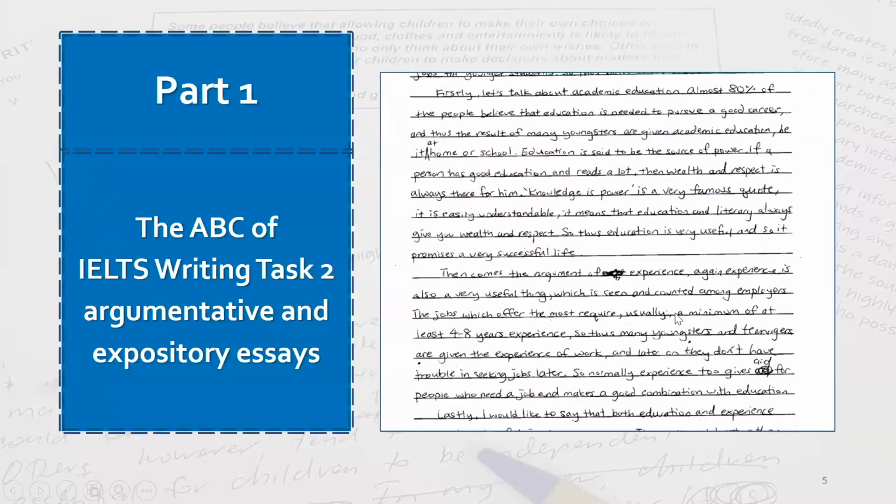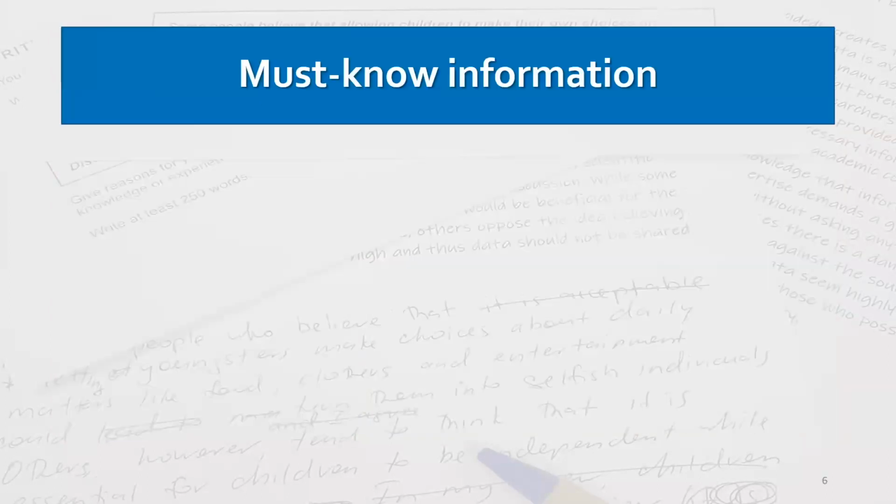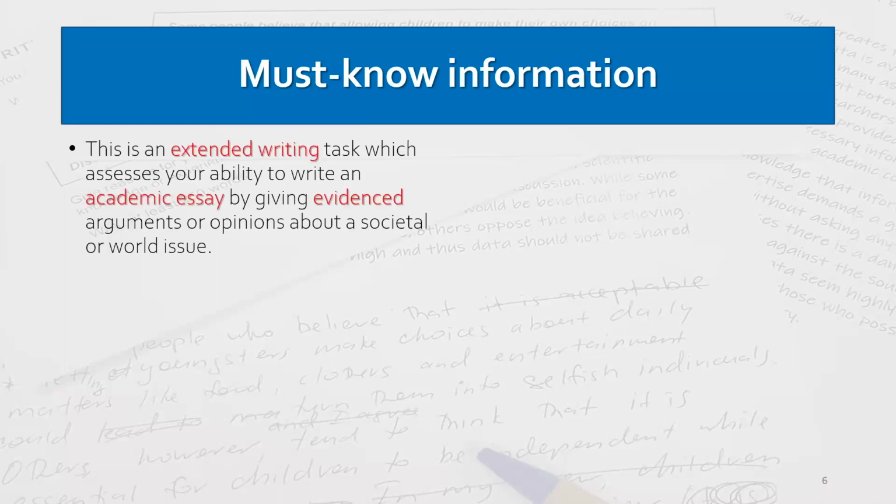So let me begin by giving you some background information about IELTS writing with a particular focus on Task 2. Last time I said Task 1 is an information report, right? So Task 2 is a bit different, but I'm sure that you will be more familiar with what you need to do, because IELTS Writing Task 2 is basically an extended writing task.